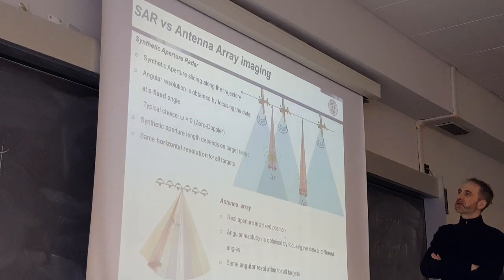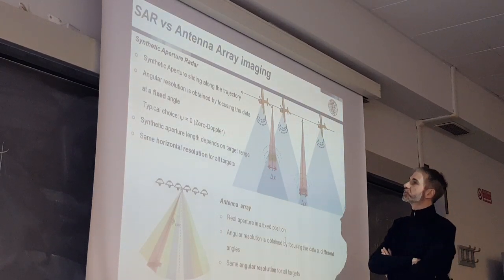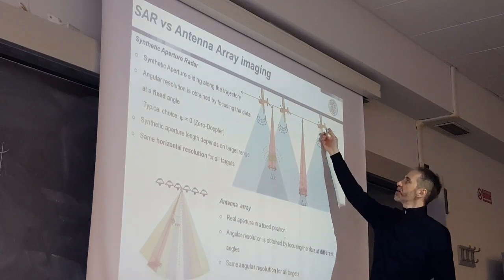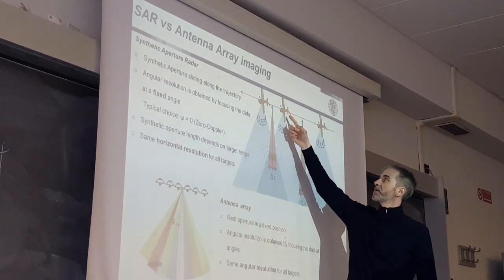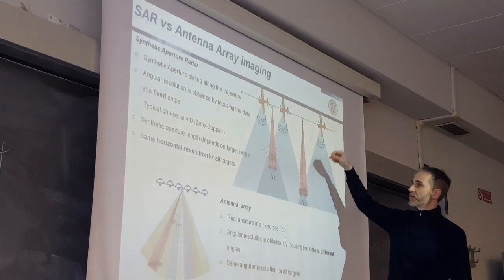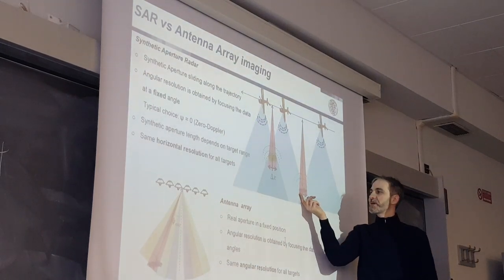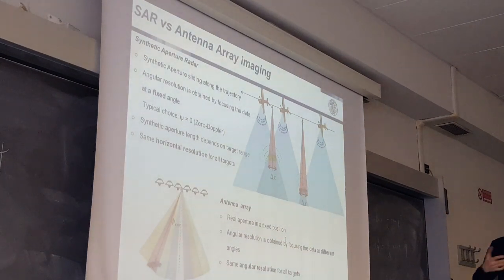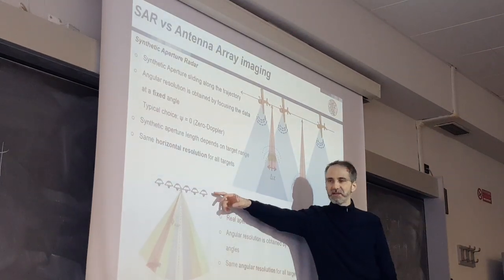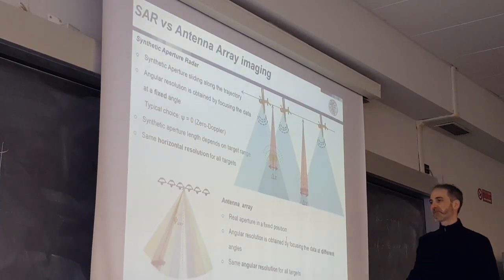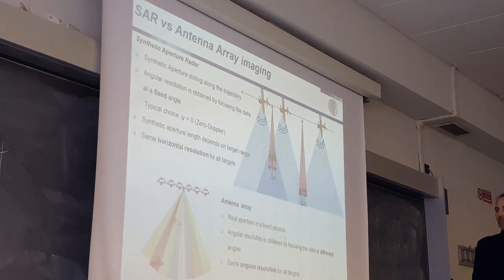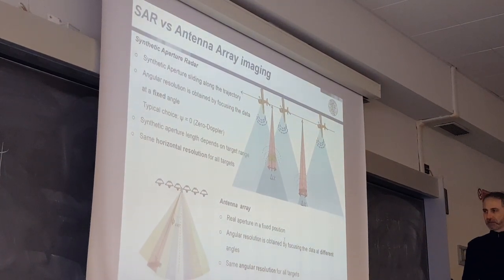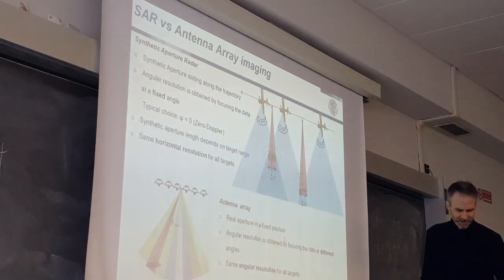You get angular resolution because you are forming a synthetic array in this direction, whose length depends on the distance, and so you have the same horizontal resolution. Concerning the antenna array, the big difference is that the length is fixed, which means that you have the same angular resolution for the target.